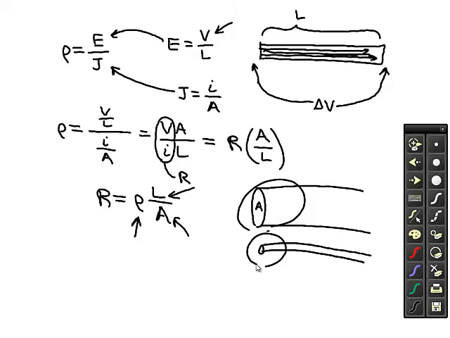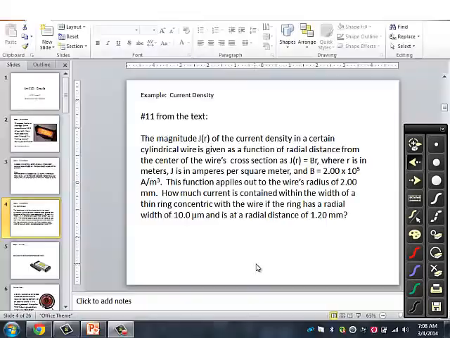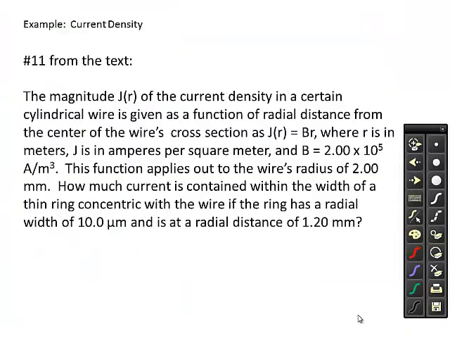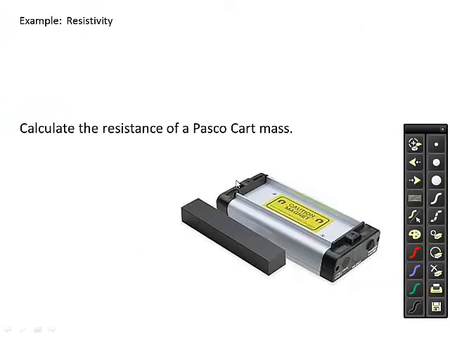So let's take a look at an example. Calculate the resistance of one of our Pascal cart masses.